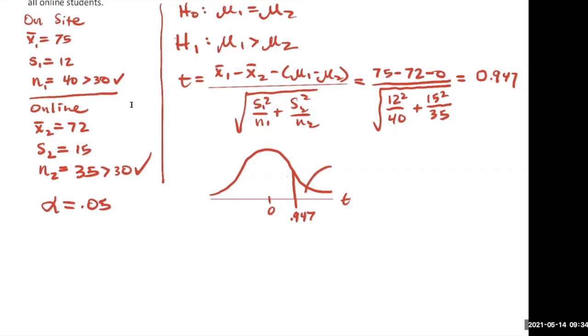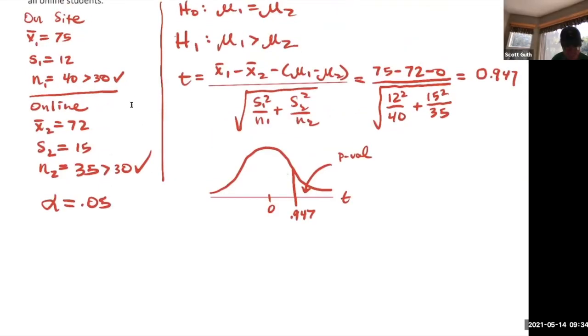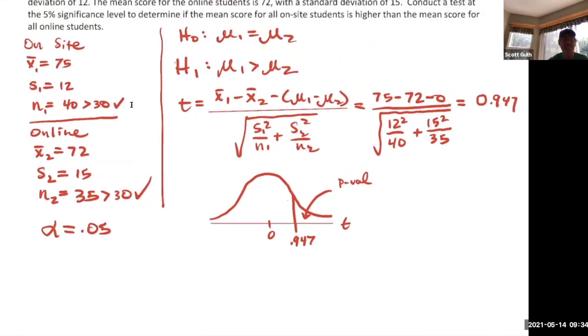So then, at this point, we were trying to find the degrees of freedom, right? Unfortunately, I actually forgot about it. But again, I'm just going to paste the 12 squared over 40 in for V1. I'll write this down in a second. I'm back in Desmos, pasting the 12 squared over 40 in for V1 and the 15 squared over 35 into V2.